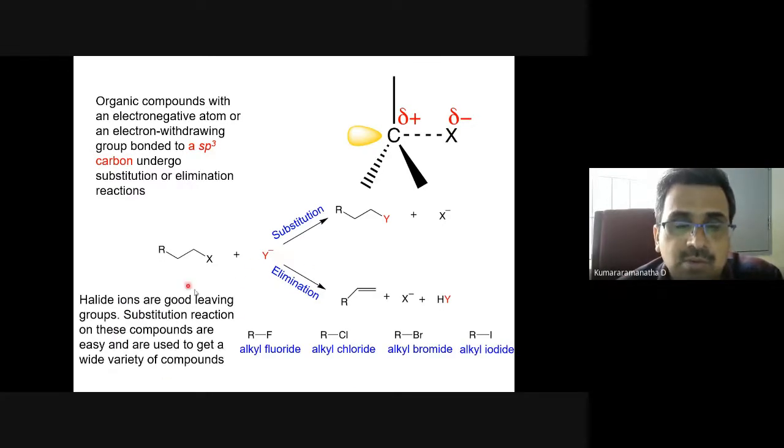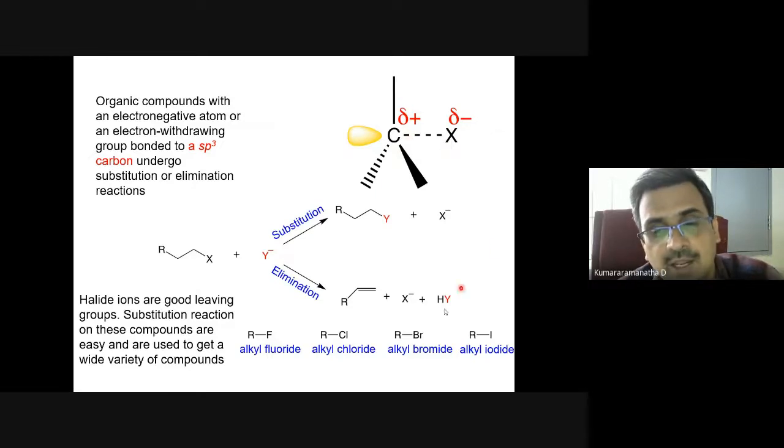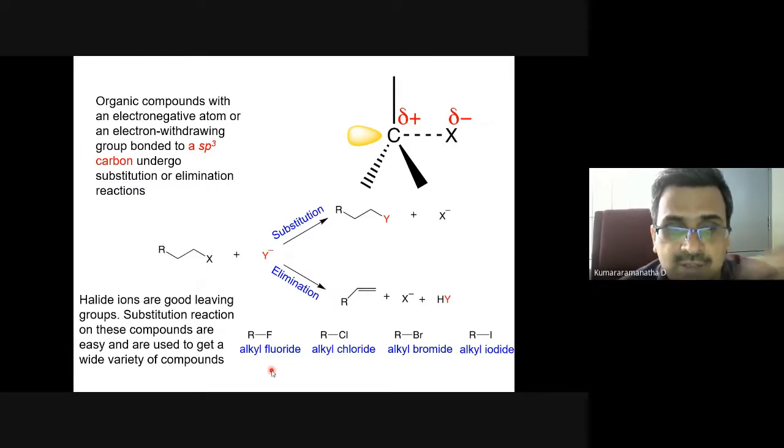Okay, so as I told you, halides are very good leaving groups. They like to leave because it creates a slight positive charge and then it moves away. So alkyl fluoride, chloride, bromide, they are all very good leaving groups. In this, bromides and iodides are the best leaving groups as compared to chlorides and fluorides, yeah?